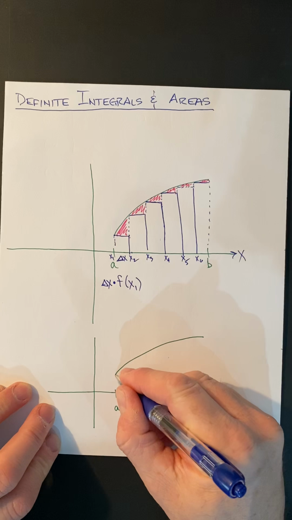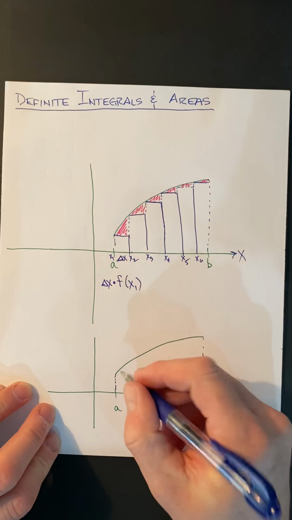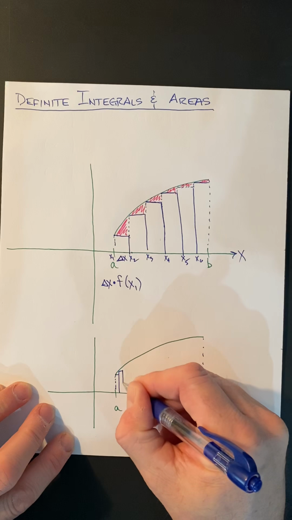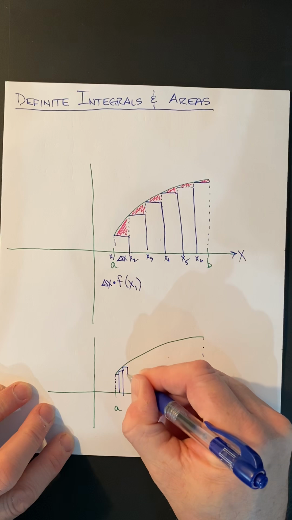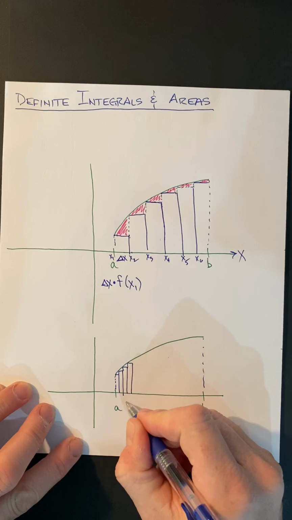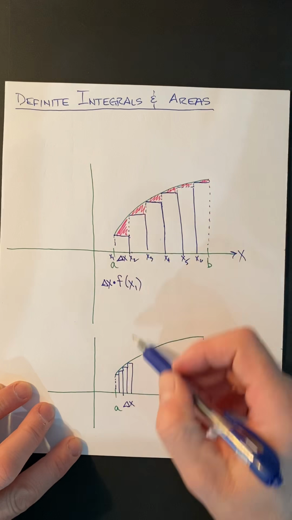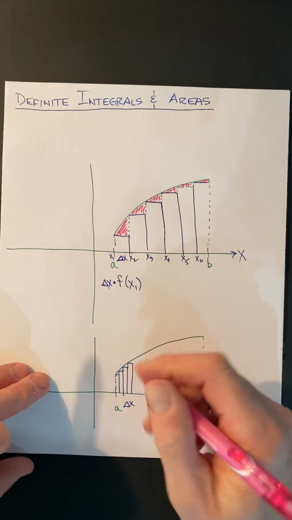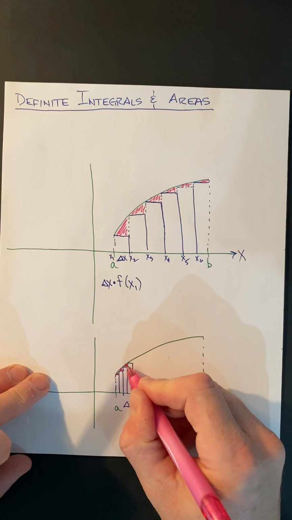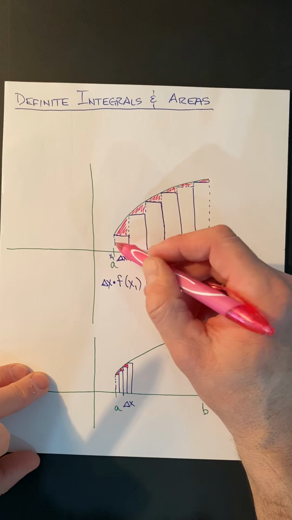But if I looked at this and see how wide my x's are, if I were to do a much smaller version of my change in x, I'm actually going to get a much better estimation of what's going on, because in this case, let's say I've divided this up into 4 sections.